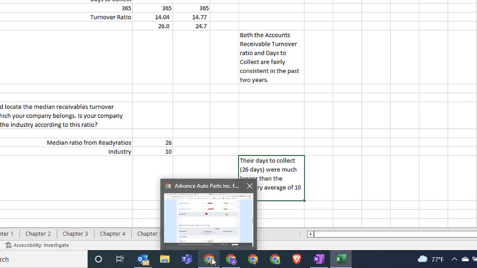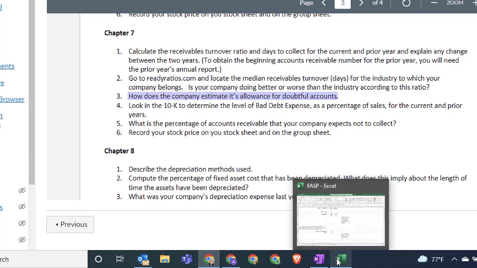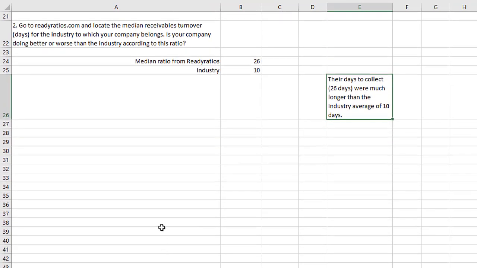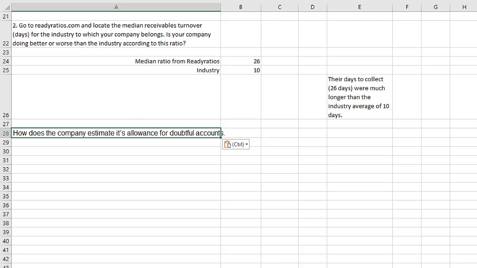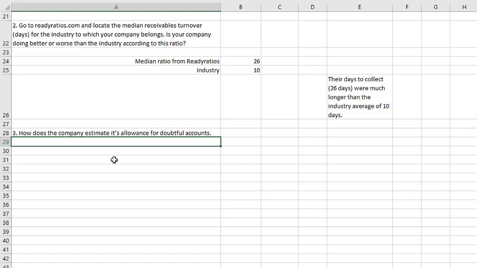Let's go back to my assignment. Copy the third question over. Go down a little bit. So in this question, it wants to know what method they use to estimate the allowance for doubtful accounts.